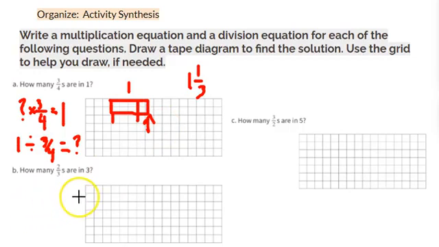How about here? We got 2/3 are in 3. What's the operation, or what do the equations look like?